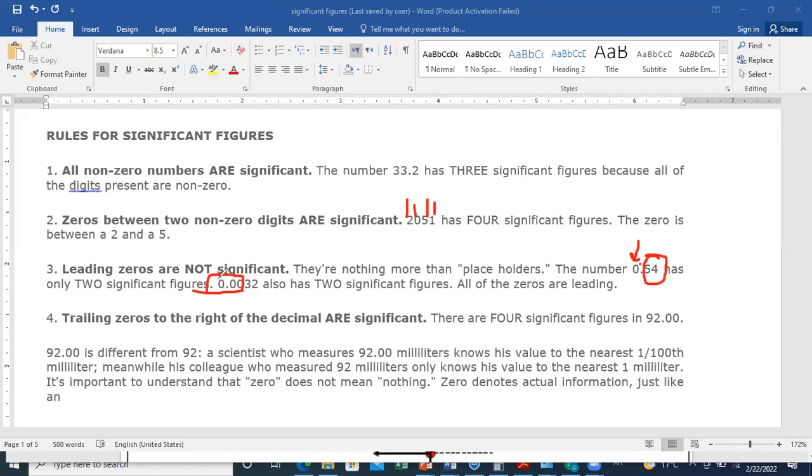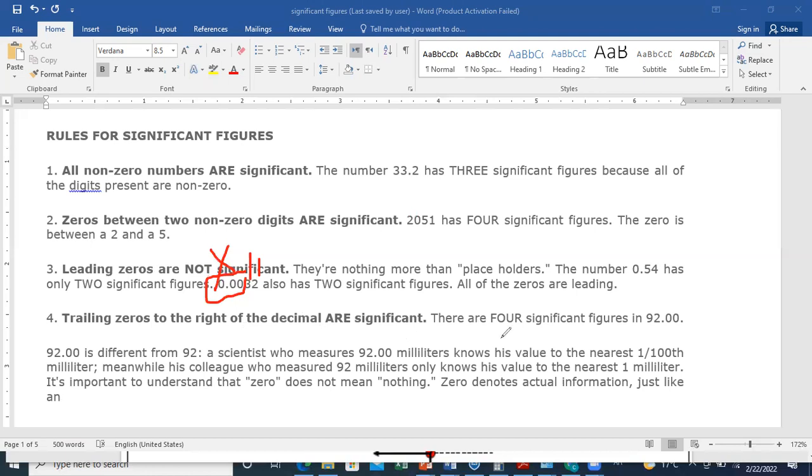However, if I take 0.0032, in this case these three zeros are leading zeros, so we don't count them. We just have 2 significant figures. Another rule is that trailing zeros to the right of the decimal are significant.